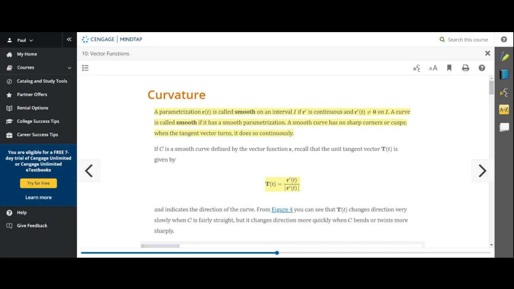The tangent vector, capital T, is defined as r prime of t divided by the magnitude of r prime of t. That's how the tangent vector is defined.